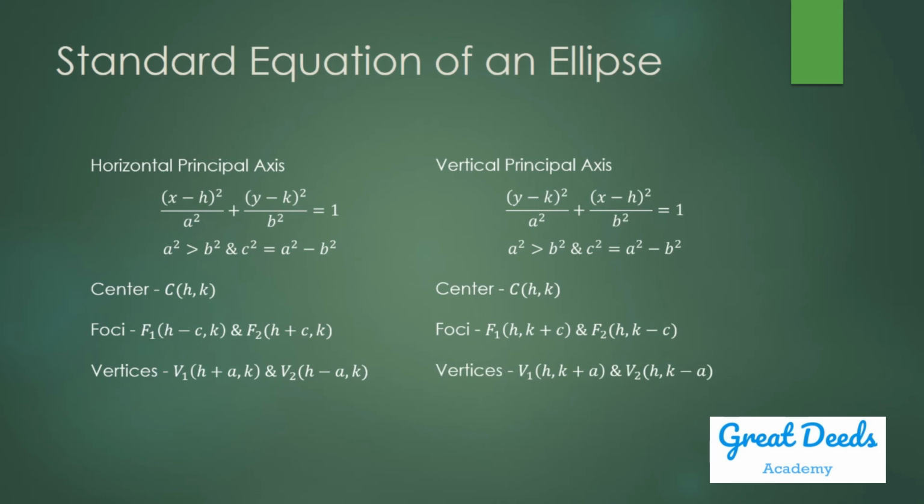To locate the vertices, we pay attention to a. Since the principal axis is vertical, starting from the center, you measure a units upward and a units downward. That will give you the location of your vertices.